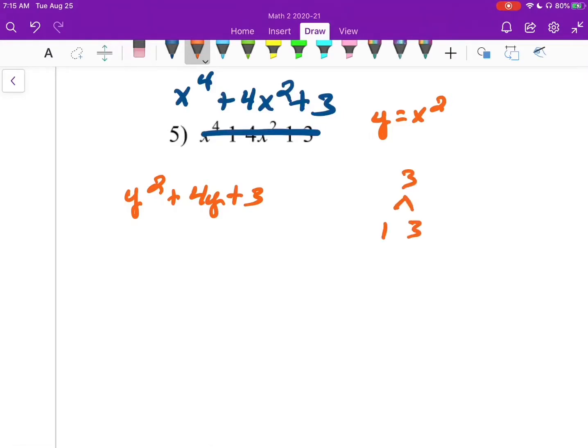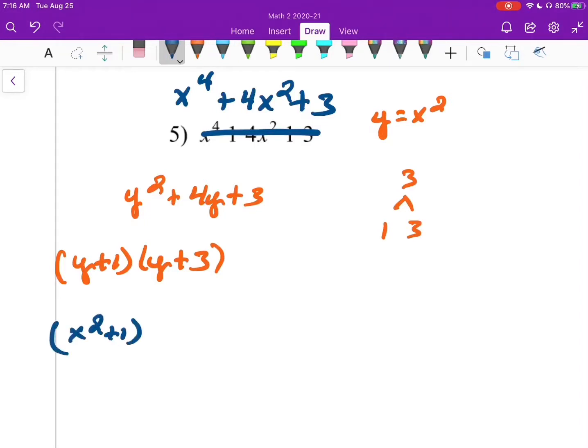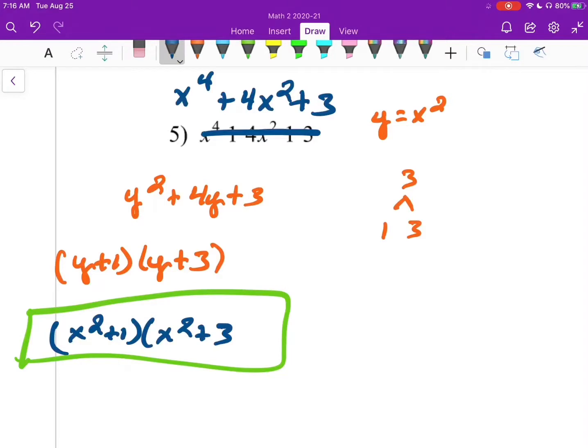But it turns out that they add up to 4, which is really nice. So we can say, well, this is the same thing as y plus 1, y plus 3. And now that we can't factor anymore, we need to plug back in our x's. So we have x squared plus 1, x squared plus 3. And that's it.